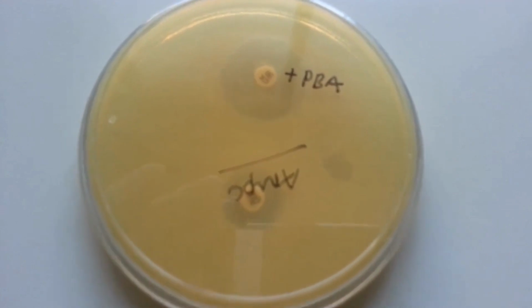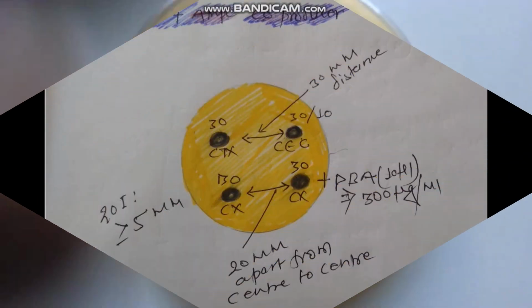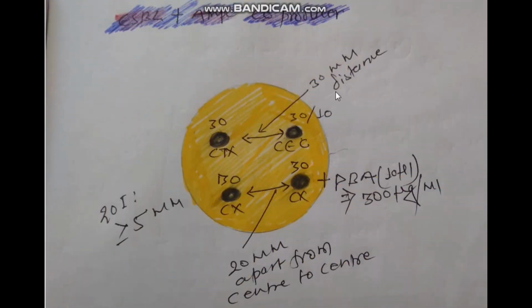So let's talk about ESBL and AmpC co-producers. So very simple. The earlier method can be applied here. Here you can see cefotaxime and cefotaxime clavulanic acid.